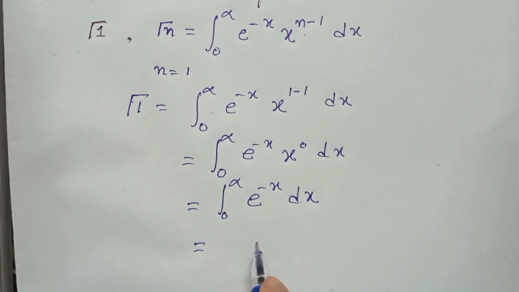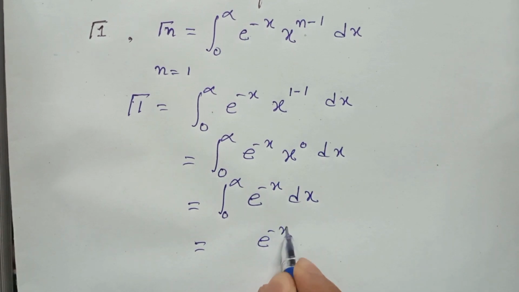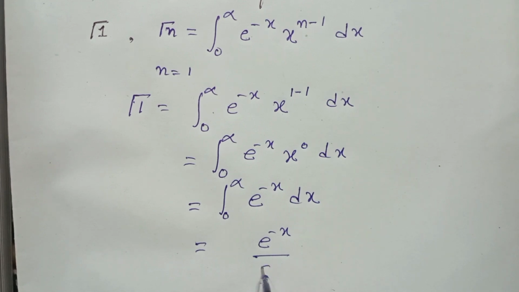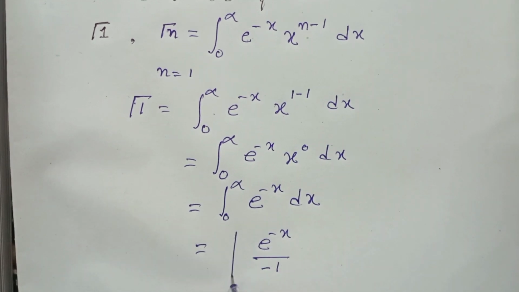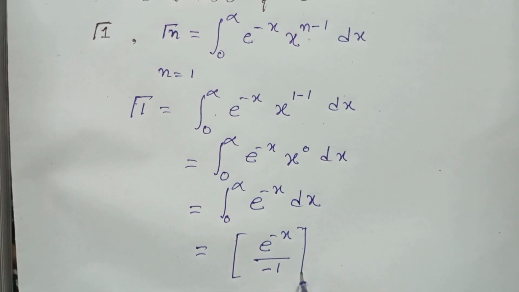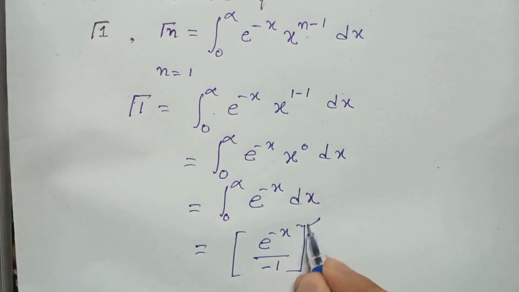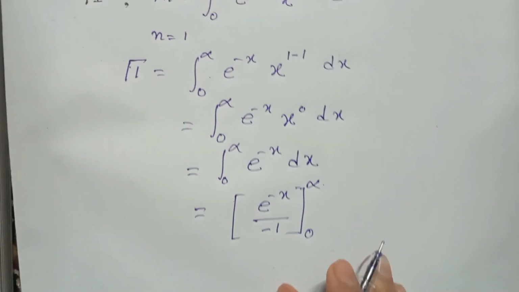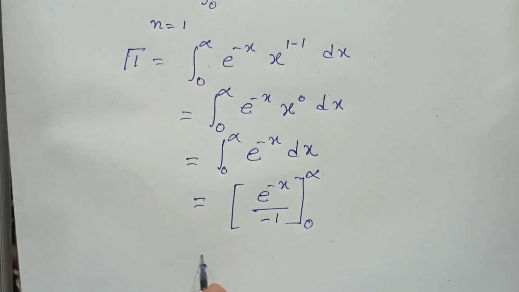which has the value, after integrating, we will get e to the power minus x by minus 1, and whole has the limit from 0 to infinity. Now what is the value of it? Let's deduce.